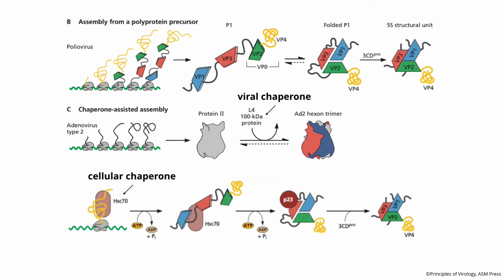So here, HSC70 binds to the P1 polyprotein as it's being produced, and it helps the P1 fold into the folded P1. I showed it to you on the top without the chaperone, but actually it requires a chaperone. First HSC70, and then a second chaperone called P23, and then finally cleavage by the viral protease to give that last subunit. Okay, so these are just one of many examples of using chaperones. It could be viral or cellular to help the folding go properly.